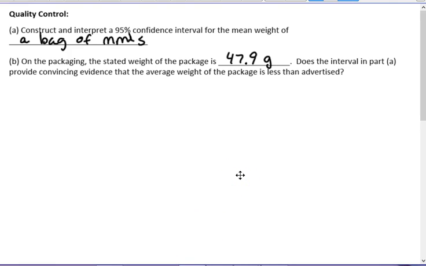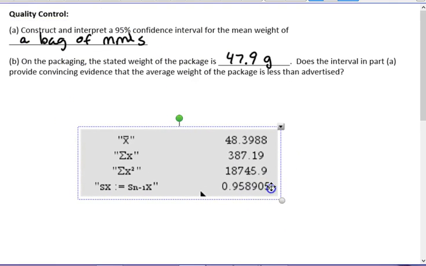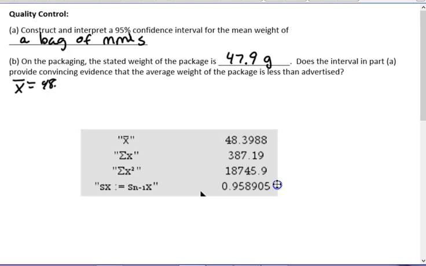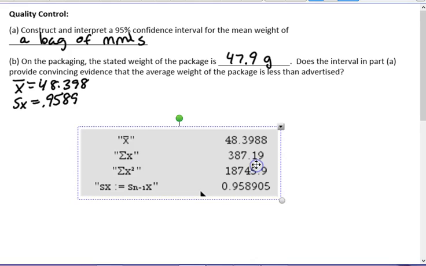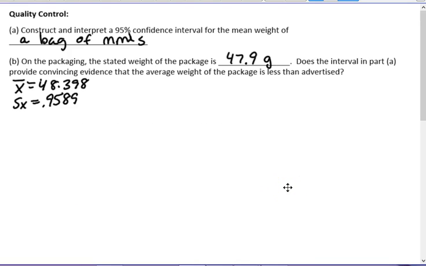So I have x bar equals 48.398, and I have s of x equals 0.9589. Okay, so I'll get rid of the rest of this now. n is 8, so that means my degrees of freedom equals 7. Those are important numbers I need for constructing my interval.